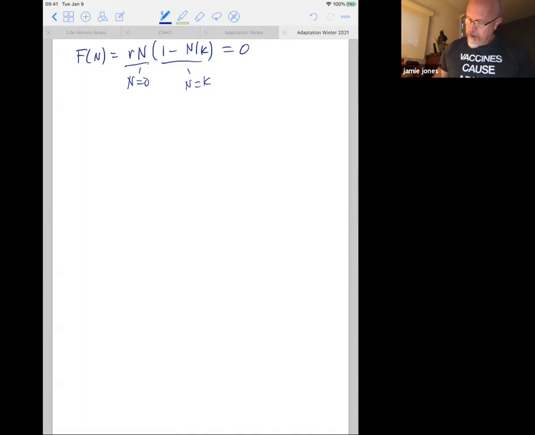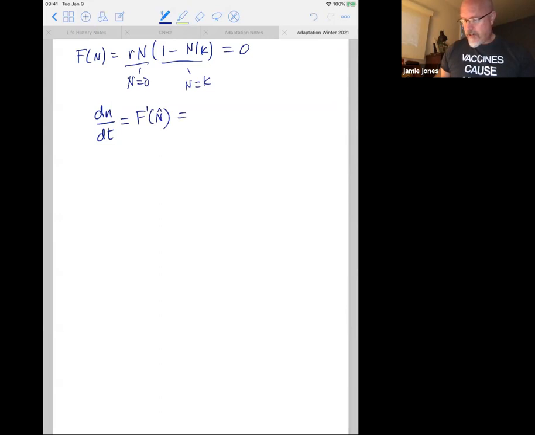Now, you may remember that for our linear stability analysis, we want to look at what happens to a small perturbation, right? We call it little n, with respect to time. And we showed that it was equal to f prime of n hat, so the derivative of the function at the equilibrium values.